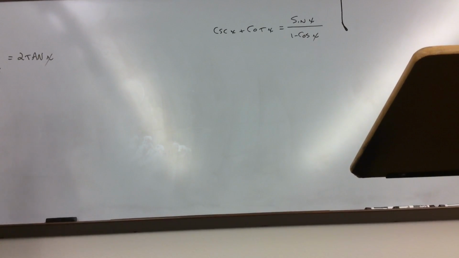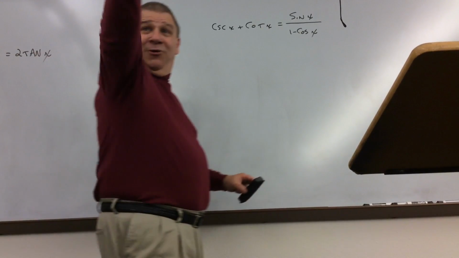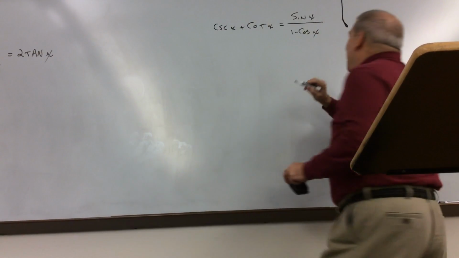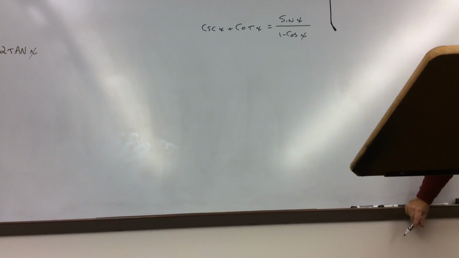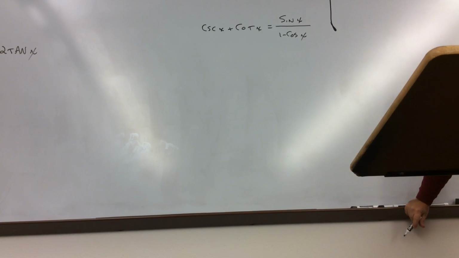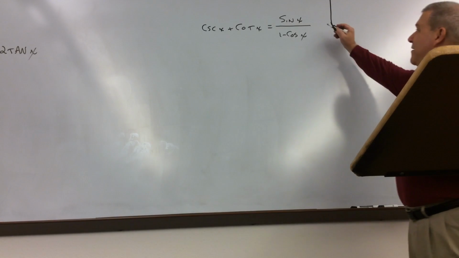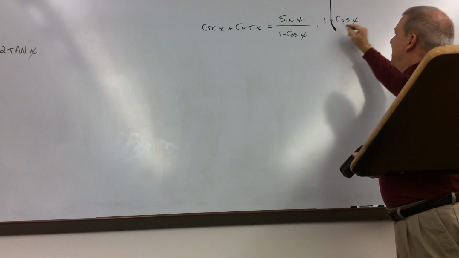Did anyone pick the right side? Chris, you did? Okay. Good, I'm glad you did. How would you start this problem if you picked the right side? Watch this. I'm trying to show you always have options. All right, Chris? I started by multiplying by the conjugate. Watch this.